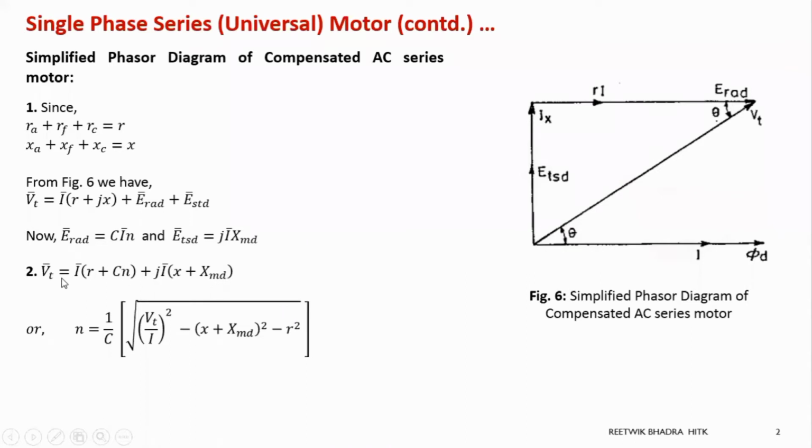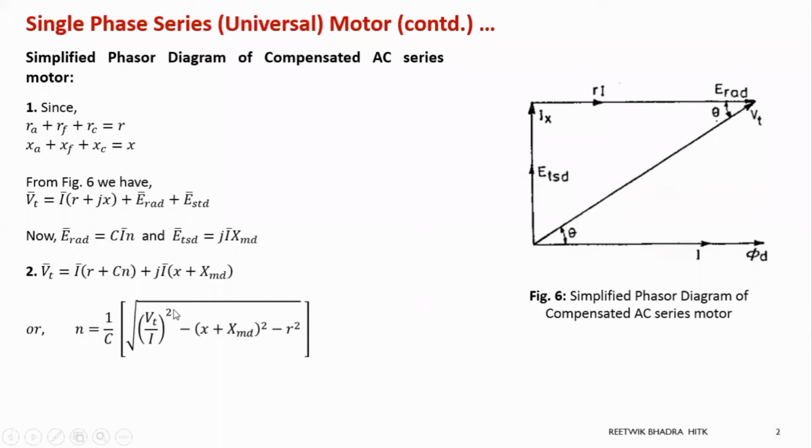Next, we had already seen in the normal universal motor how to calculate our speed, so from here you can calculate your speed. This was our a plus jb, so you could write root over a square plus b square, and from that you can calculate your N. I'll not go into the procedure of how to calculate; you can do it on your own.